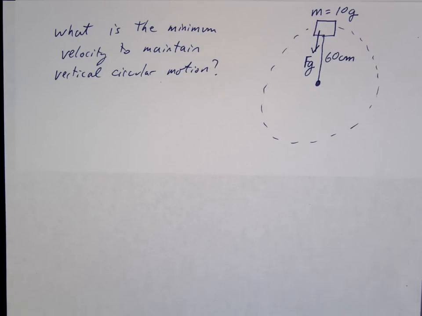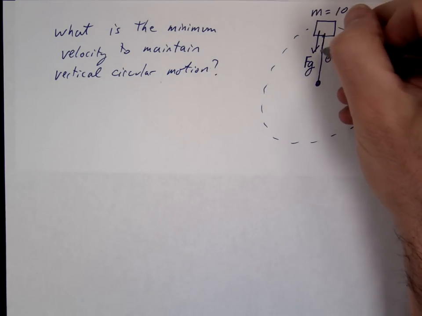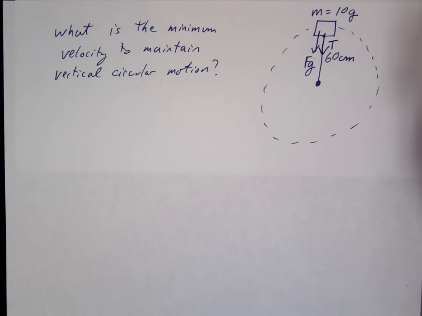So what's the force that keeps it in a circle? Tension. The string, right? If I cut that string, what happens to the stopper? It goes flying, right? So you need to have the string there. This tension in the string is what keeps it in a circle. Anything else? Is there a centrifugal force pulling it away? No. So you just have gravity and the tension, those two things.